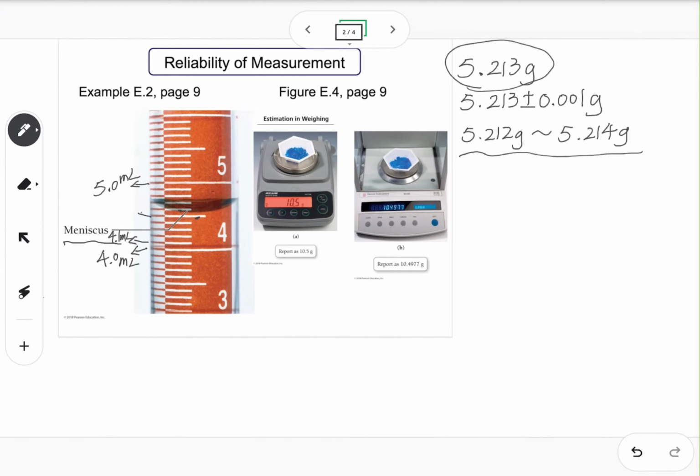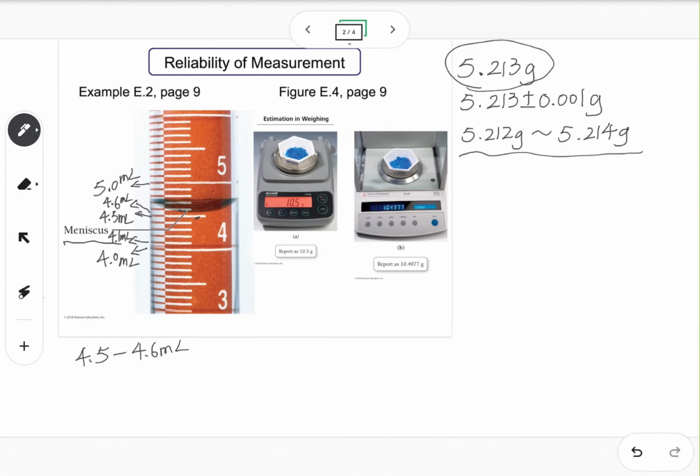This line here represents 4.5 ml, and then this line represents 4.6 ml. In other words, the bottom of this meniscus curve is between 4.5 to 4.6 ml.